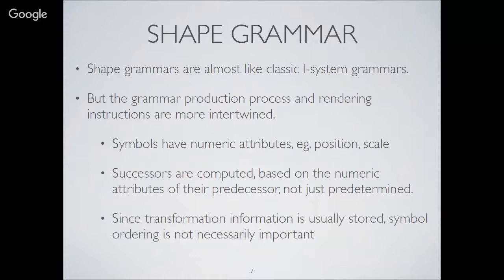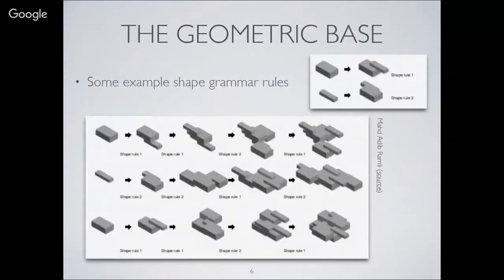For instance, in the example that we saw here, we have a big block and we said, all right, in shape rule 1, I'm going to take the little block and move it slightly over to the left. And in order to figure out where to put it, we have to actually compute the new position. So let's say the big block is at position 0, 0, 0.